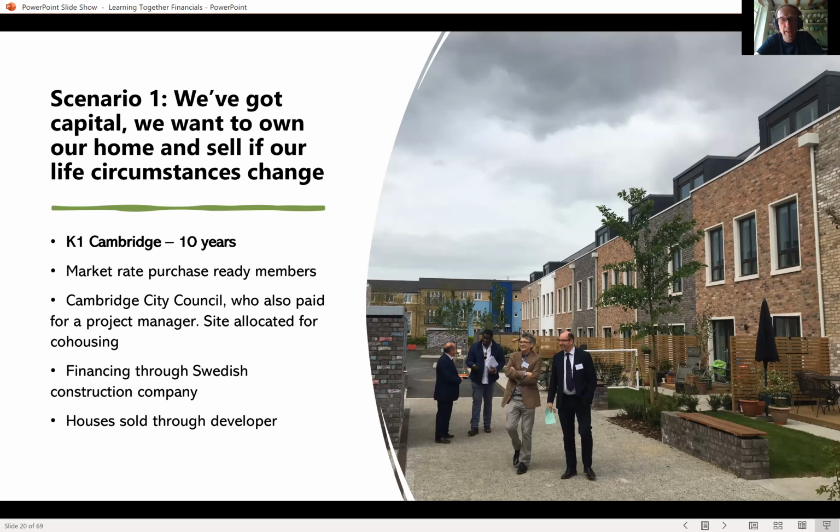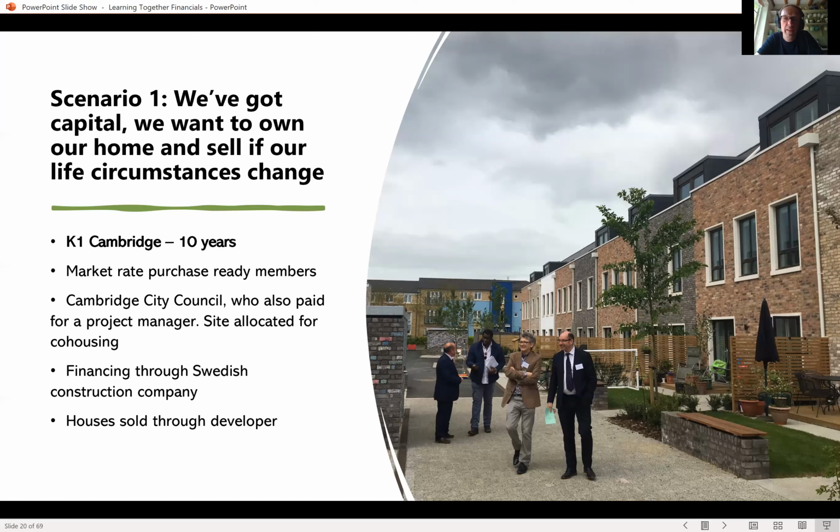And this seemed like a really good way of doing it. And the developer held the construction costs. They got some investment from the members themselves in terms of capital that they had from sales of other houses and from mortgages. And then the houses were effectively sold from the developer straight to the buyers, the homeowners.